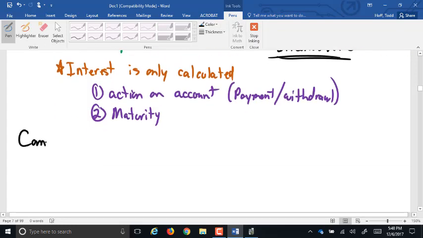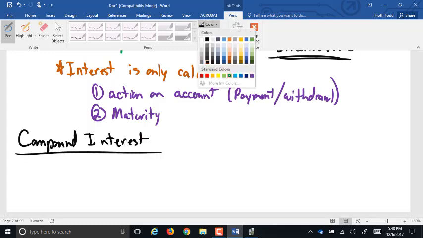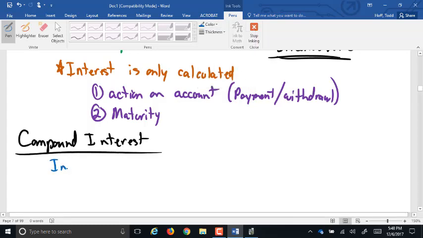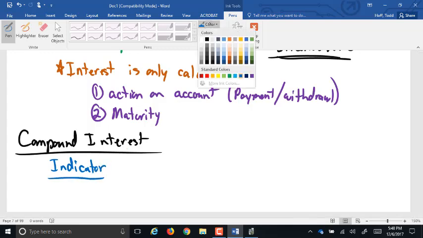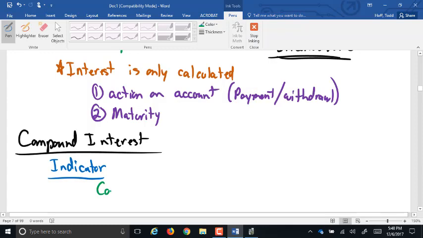So then we talked about compound interest last week. In compound interest, your big indicator will be the phrase, after you have your percent, blank percent, compounded quarterly, monthly, semi-annually, or annually, whatever.